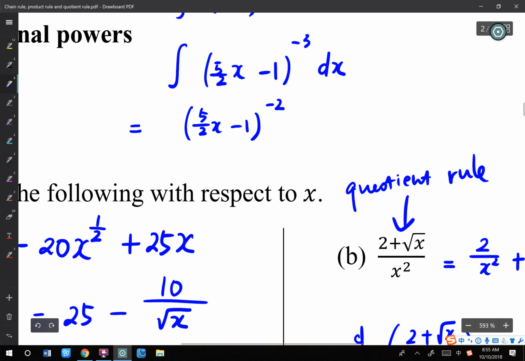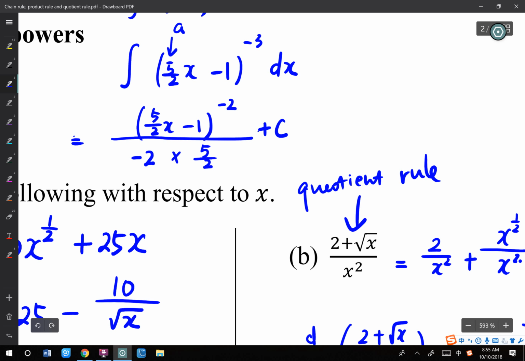And then divided by negative 2, times by 5 over 2. Divide by a. A is the coefficient of the x, which is 5 over 2. And then what should I have? Plus c. Good. Antidiff, always remember the plus c.